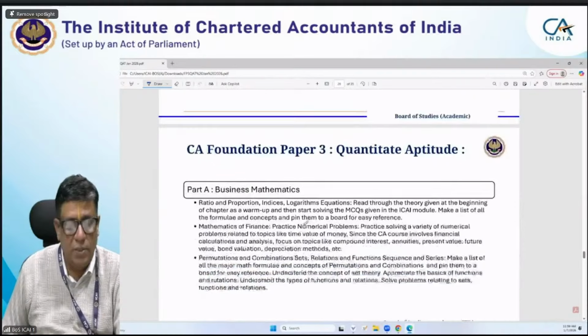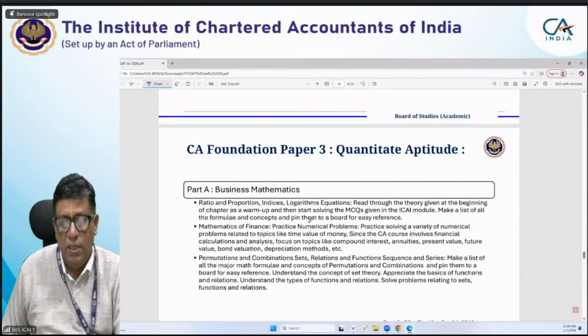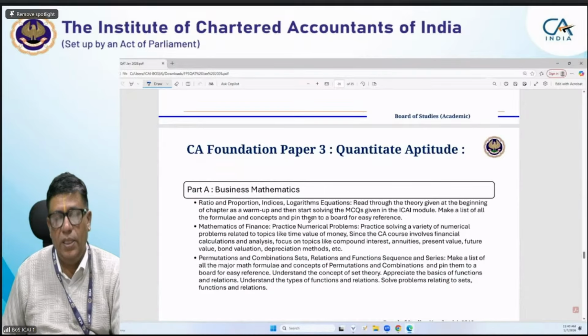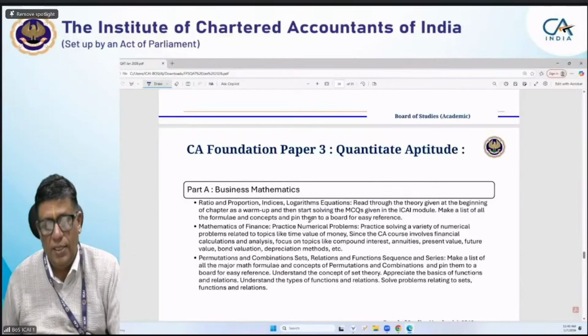In the commerce streams especially, you know very well the chapter-wise topics: ratio, proportions and logarithms, equations. Read through the theory given at the beginning of each chapter, warm up, and start solving the MCQs given in the ICAI module.